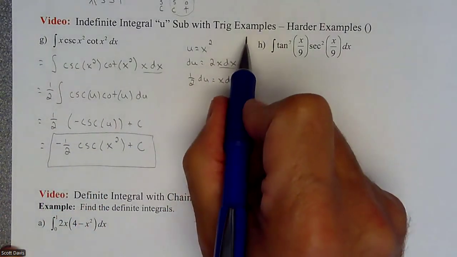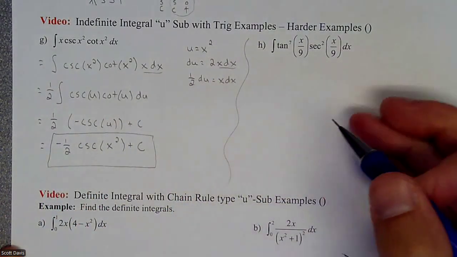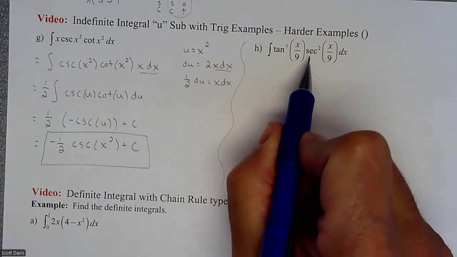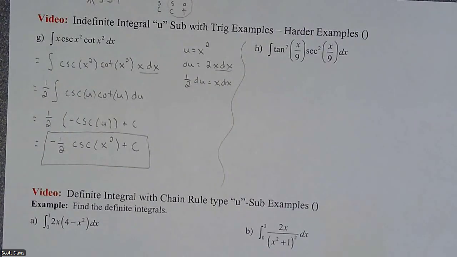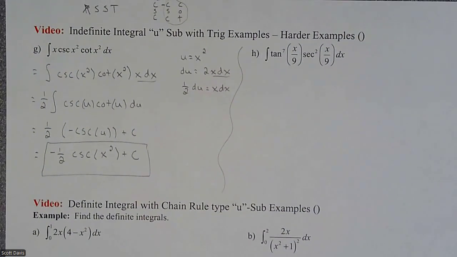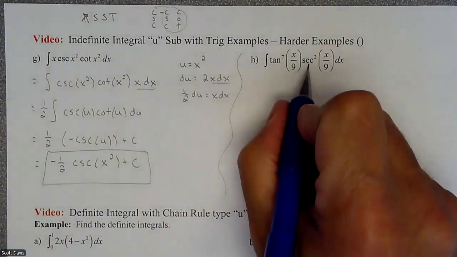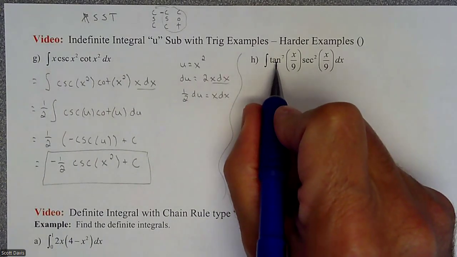All right, let's do this other one. So we have a secant squared, right? And so part of this again is kind of just recognizing what we have. That I do have a secant squared and I have some tangents.